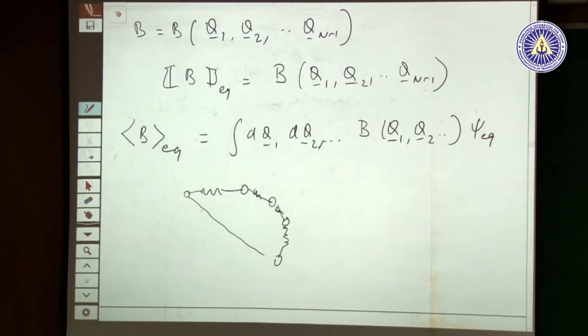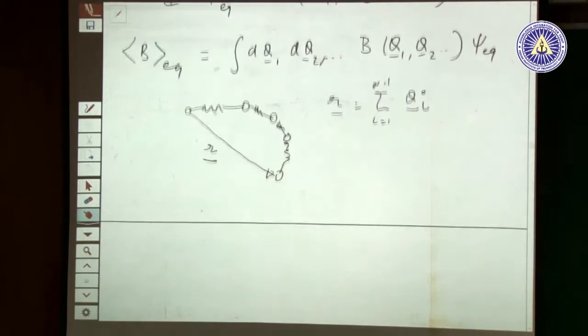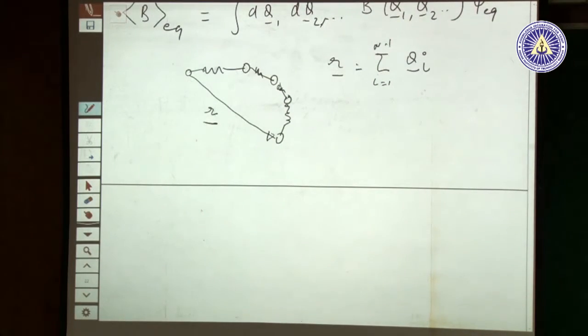And I can define an end-to-end vector R exactly as before, and R would be the sum from i equals 1 to n minus 1 of the Qi's, right, because it is just a sum over all the bead connector vectors. So, now let me find R squared, for the end-to-end vector of a bead spring chain.